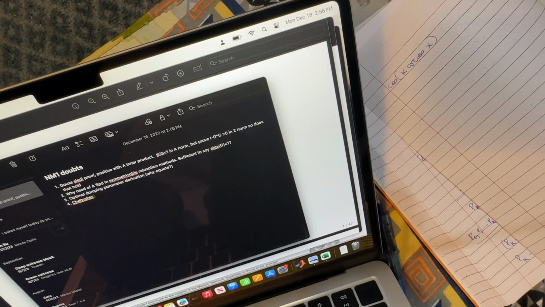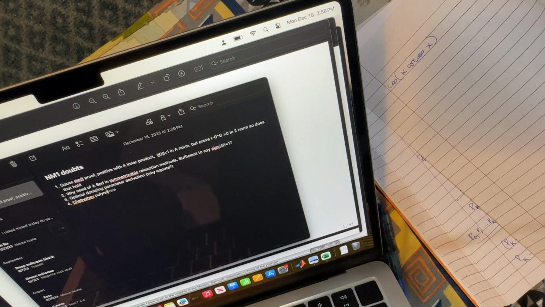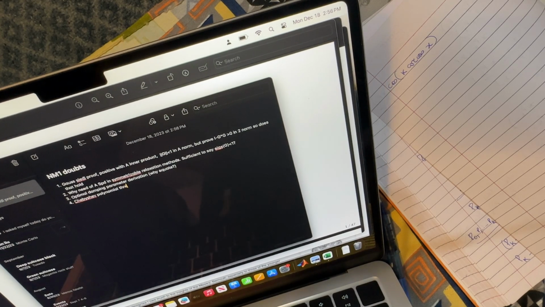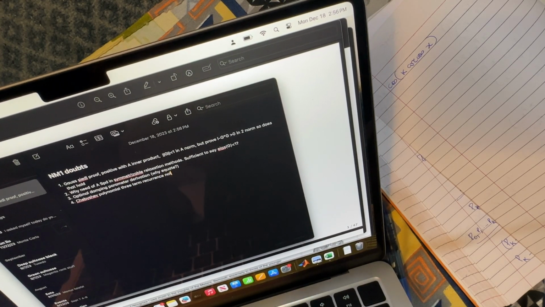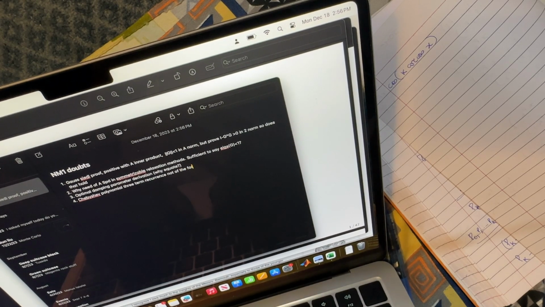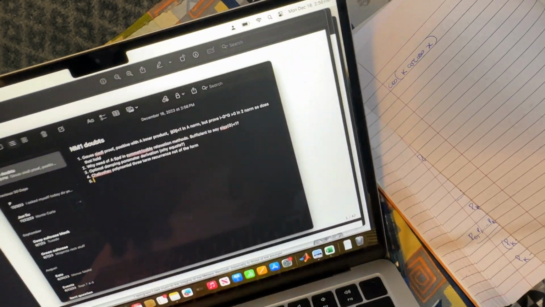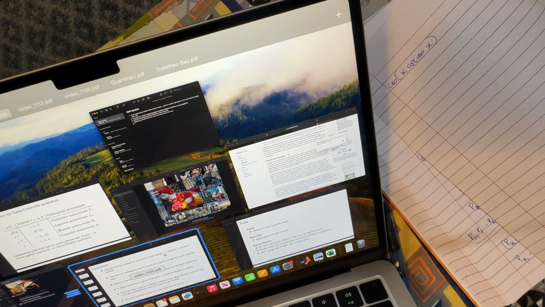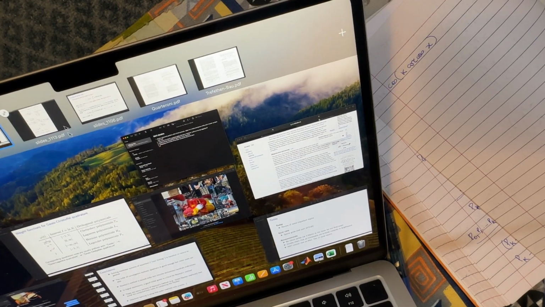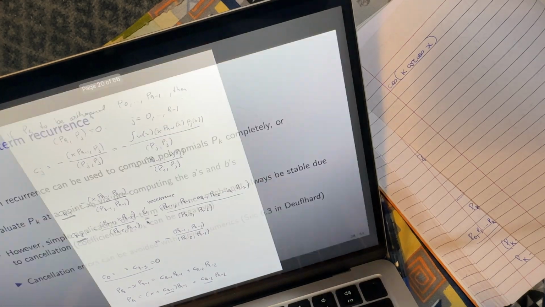Chebyshev polynomial, three term, not of that form, right? Not of this form.